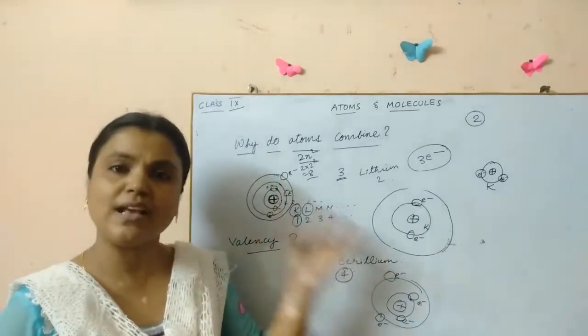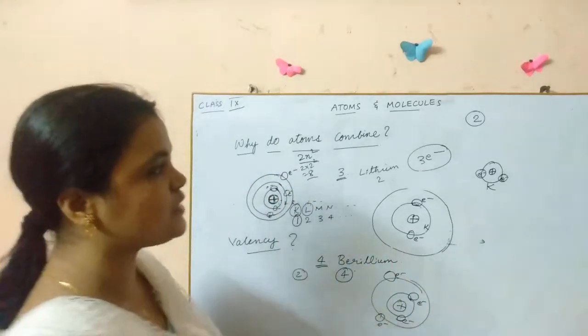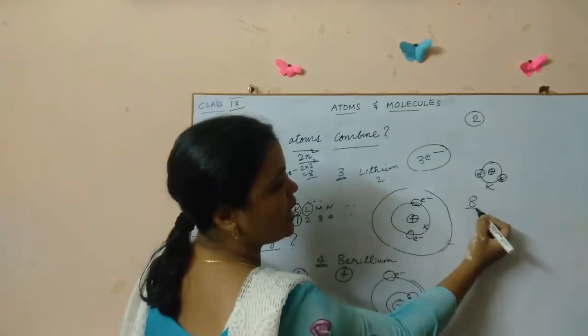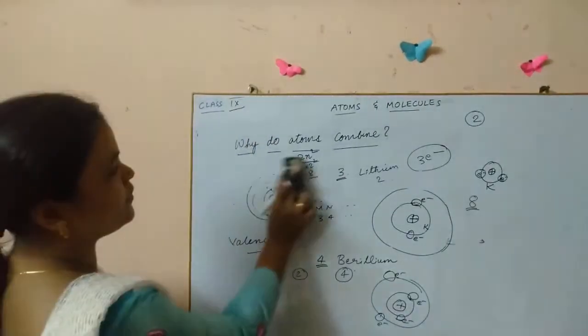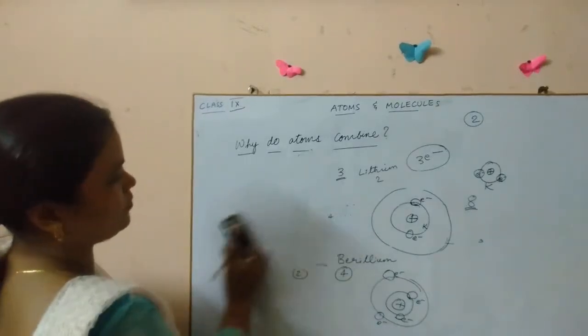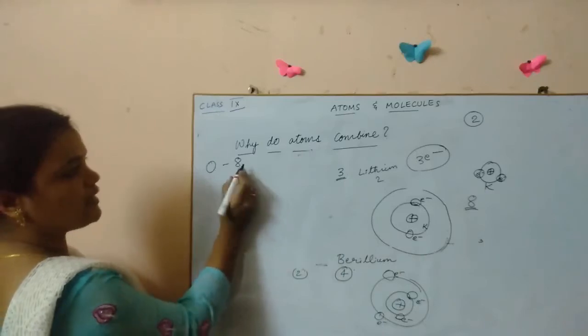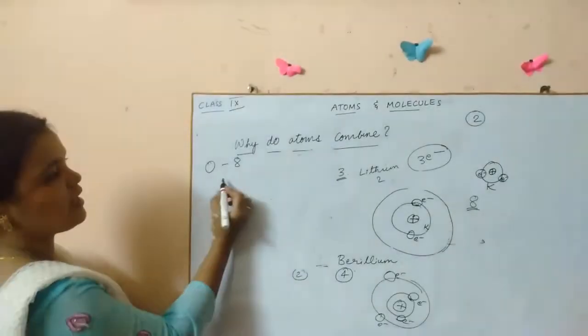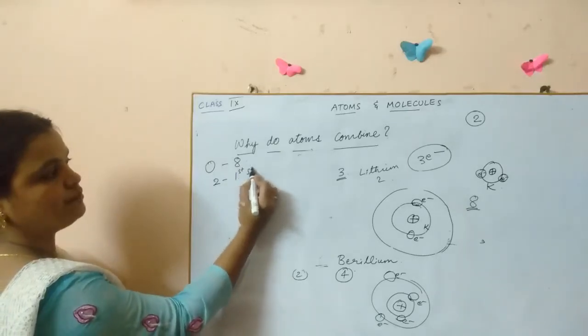In contrast, if you see the non-metals, let us see oxygen. Its atomic number is 8. That means it contains 8 electrons. Out of that, 2 electrons should be present in the first shell.